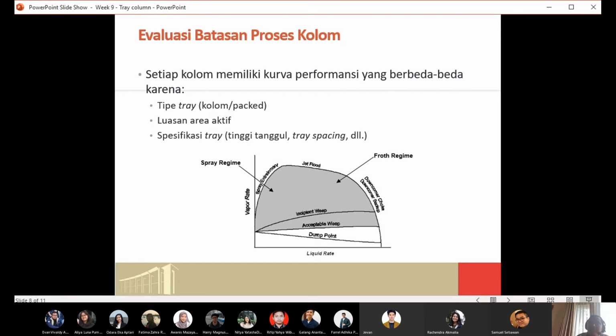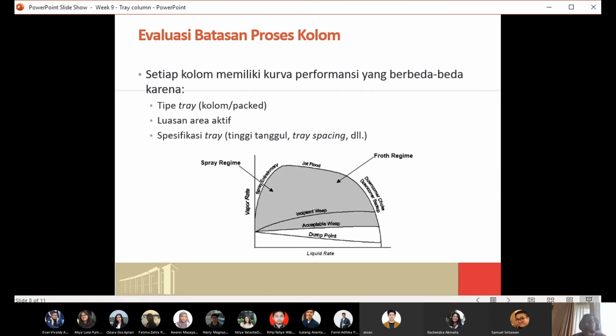In the case of a tray column, there is also an operation window, shown in this figure, which shows the optimum or safe operation of the tray column in terms of hydrodynamics.